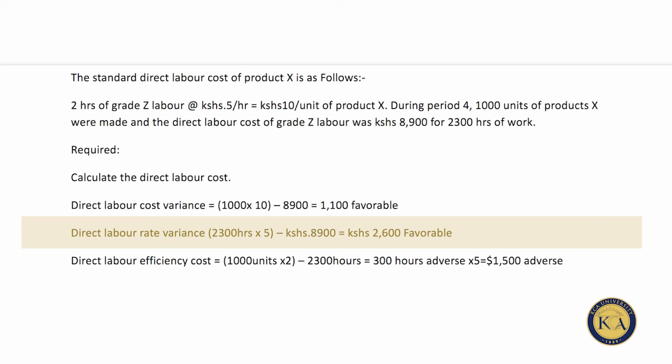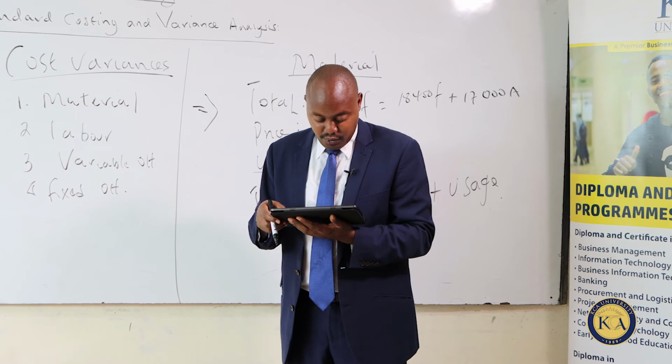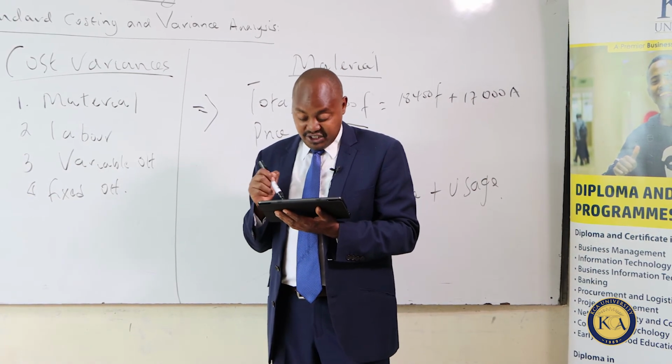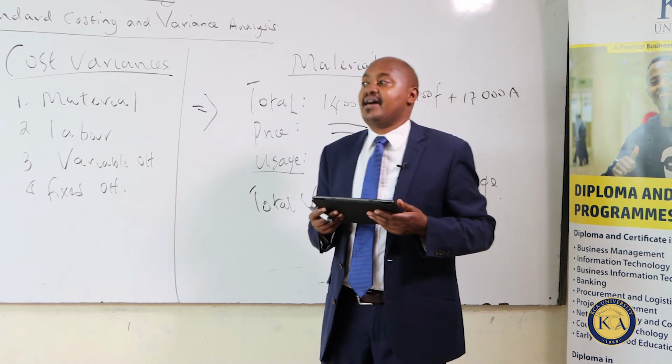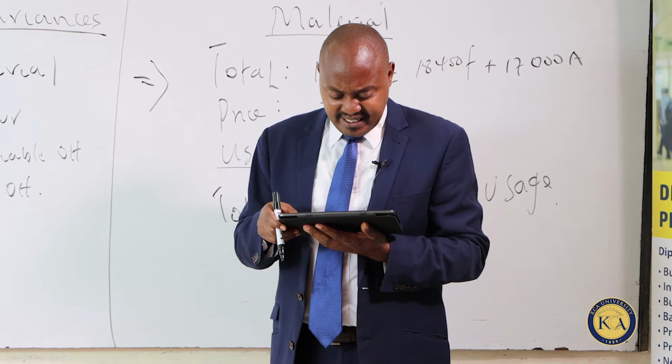That means we can now do a reconciliation, and by the way, in this particular question, there is no idle time mentioned, so we are only going to compute those 3 variances. We can do a reconciliation to see whether the variances we have computed actually reconcile.